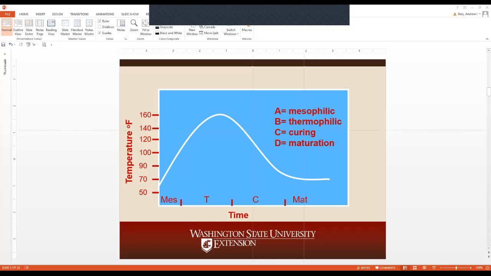Both the mesophilic and the thermophilic stage here are generally bacterial driven, where when you get past the thermophilic stage, temperatures begin to moderate, and you go into curing and you go into maturation. And as you're going down this slope, it becomes more of a fungal driven pile. And we'll show you some real temperature response curves later on in the presentation, so you can see that they don't all look perfect like this.